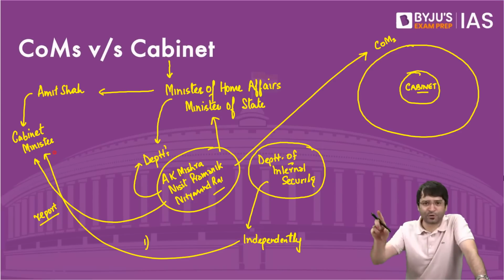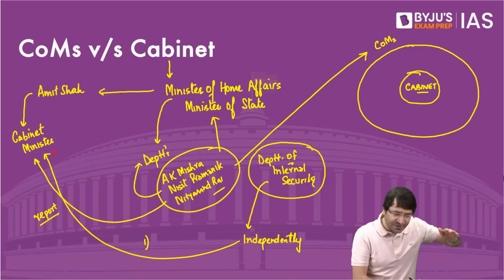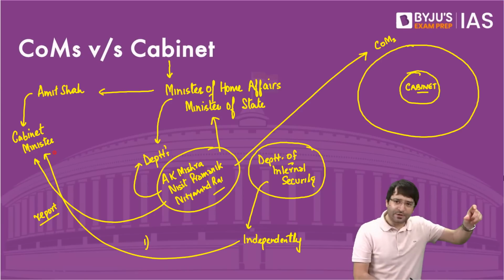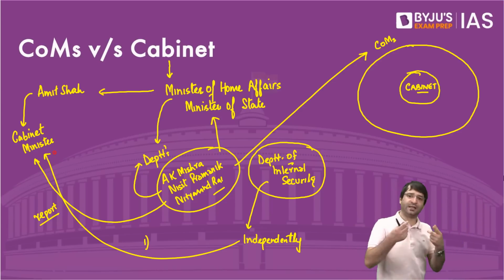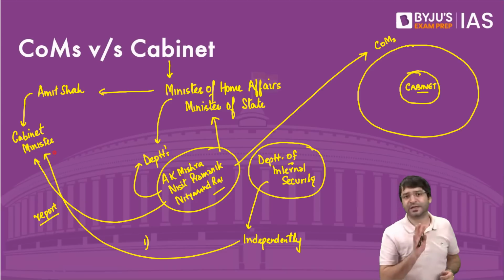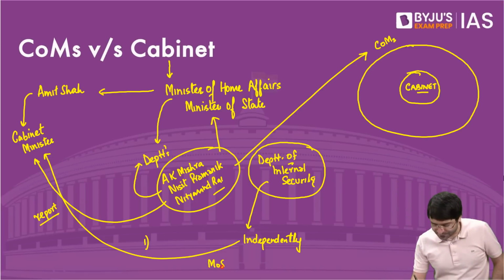I will not report to the Cabinet Minister, because although the Ministry of Home Affairs has these departments, the Cabinet Minister, Mr. Amit Shah, is in charge of all these departments. But for one department, I am told, you handle it independently, you don't have to report to the Cabinet Minister. I become Minister of State with independent charge.